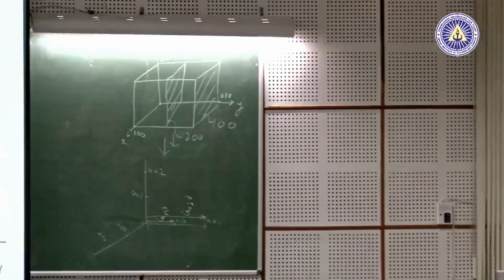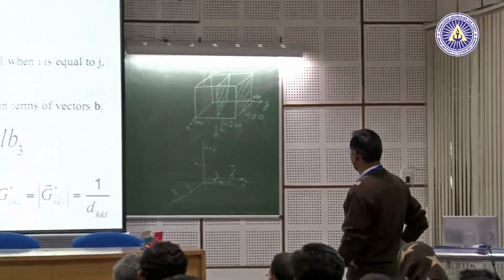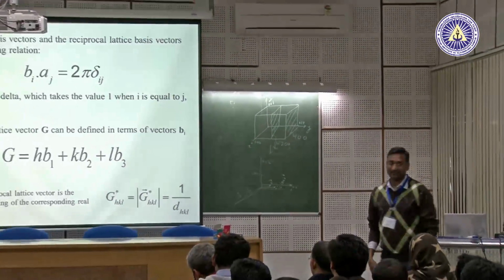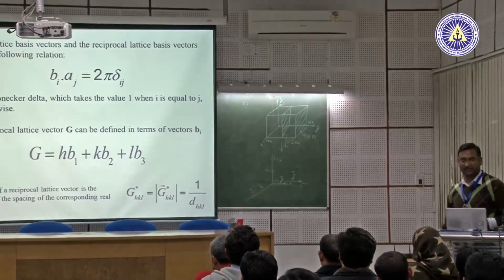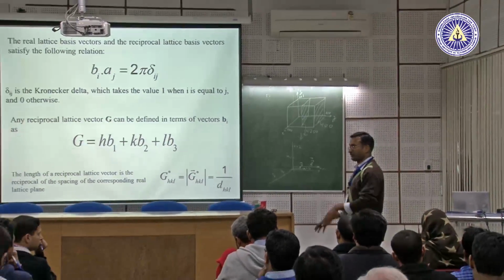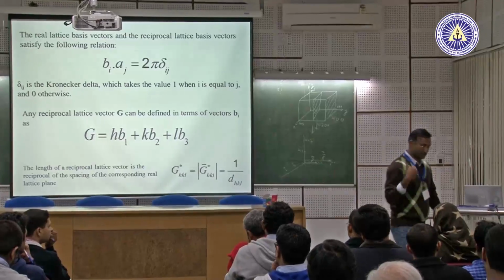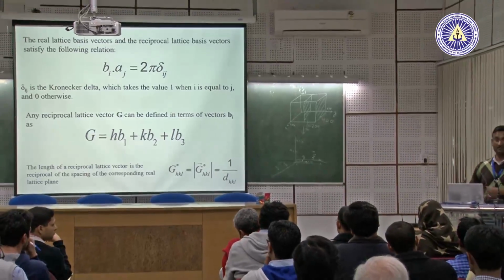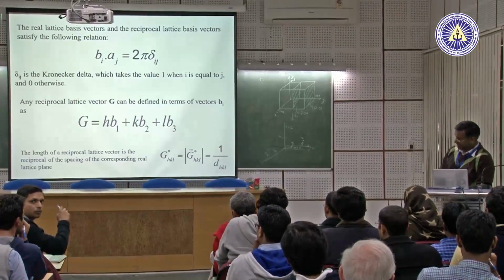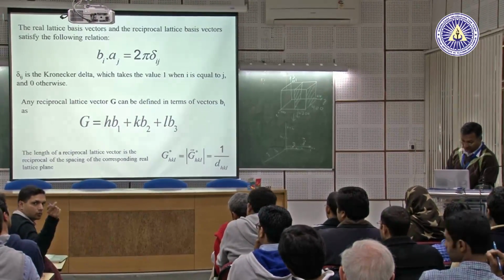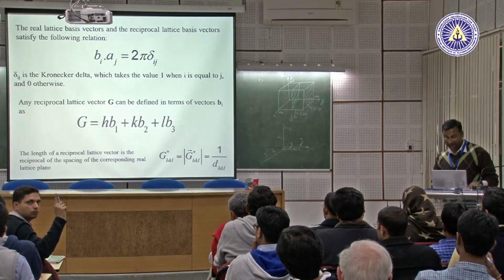That is how you move in 3D space. The advantage of this is that if you just look at the planes in the real lattice, as you keep going inside the lattice, the spacing gets smaller and smaller. If you want to look at higher indices planes, there is a much better way of representing them, because you make the space more and more open. So from the perspective of visualization, this is a much better approach than real space.